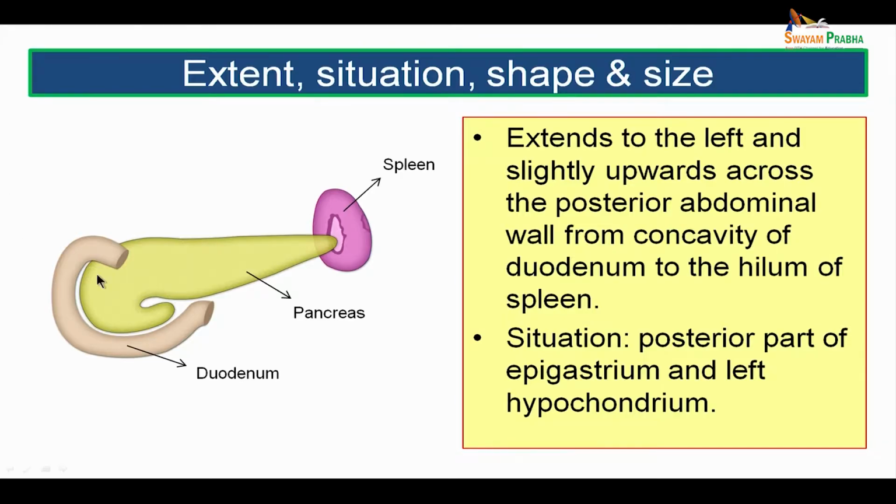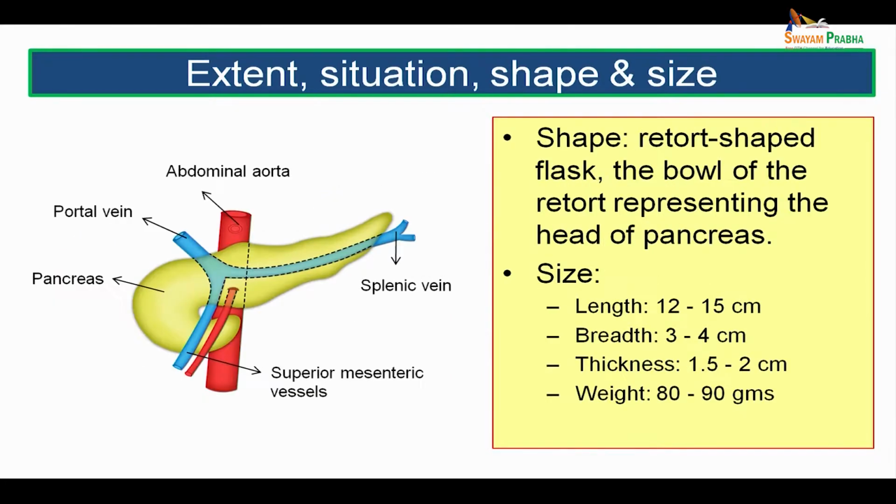As is shown here in the picture, it begins on the right side within the concavity of the duodenum, travels towards the left and slightly upwards and ends at the hilum of the spleen. Situation. It lies in the posterior part of the epigastrium and the left hypochondriac regions of the abdomen.